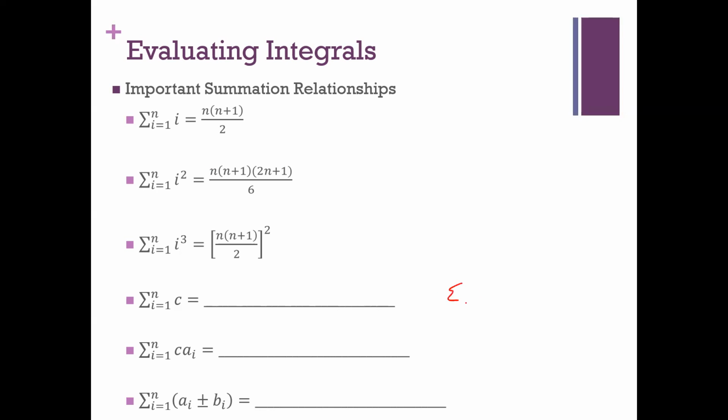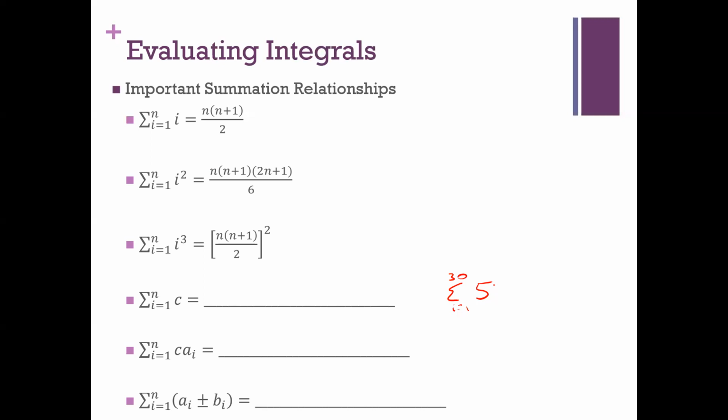What if this was, for example, i equals 1 to 30, and I was going to add a bunch of fives together? So I'm going to add the number 5 to itself how many times? 30, right?